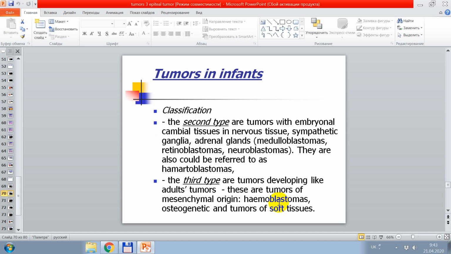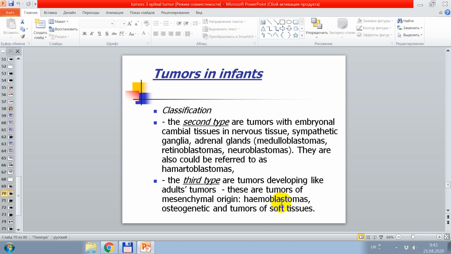Second type: tumors which arise from embryonal cambial tissue in nervous tissue, sympathetic ganglia, adrenal glands: medulloblastomas, retinoblastomas, neuroblastomas. They could also be referred to as hamartoblastomas.